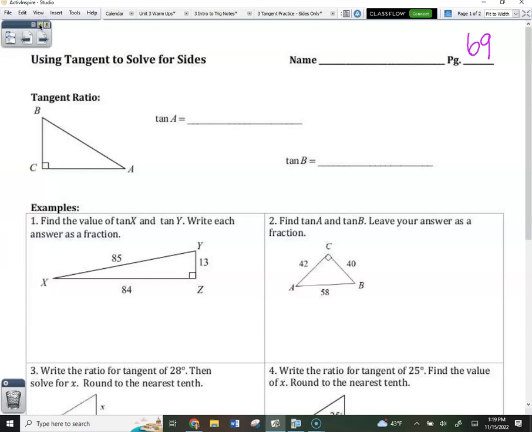If this was your triangle, and I said, tell me the tangent ratio for A, it would mean find the side opposite angle A and put it over the side adjacent to angle A, right? You're just copying the formula for tangent here. What if it was from angle B? It would be opposite angle B over adjacent angle B.